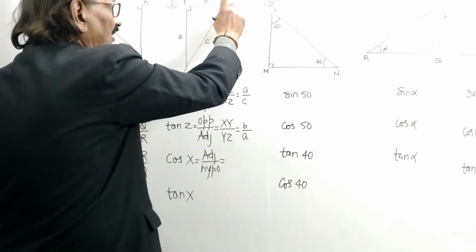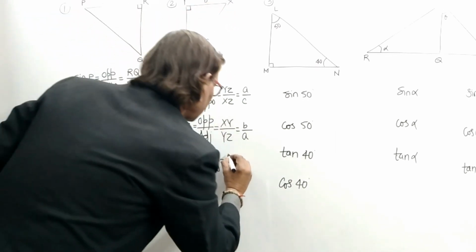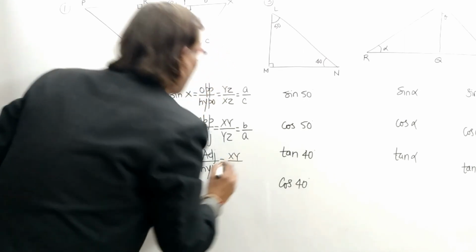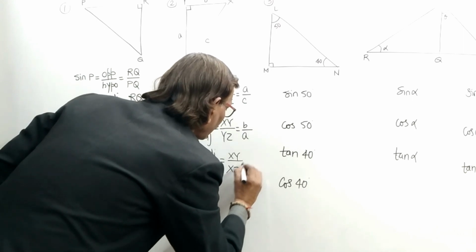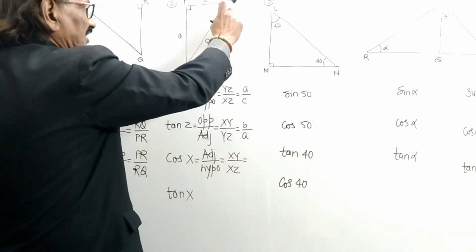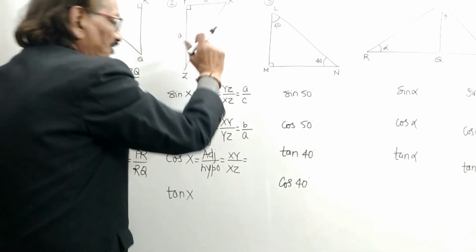Now X again, the adjacent side is XY and the hypotenuse is XZ. For X, the adjacent side is XY, that means B upon C.